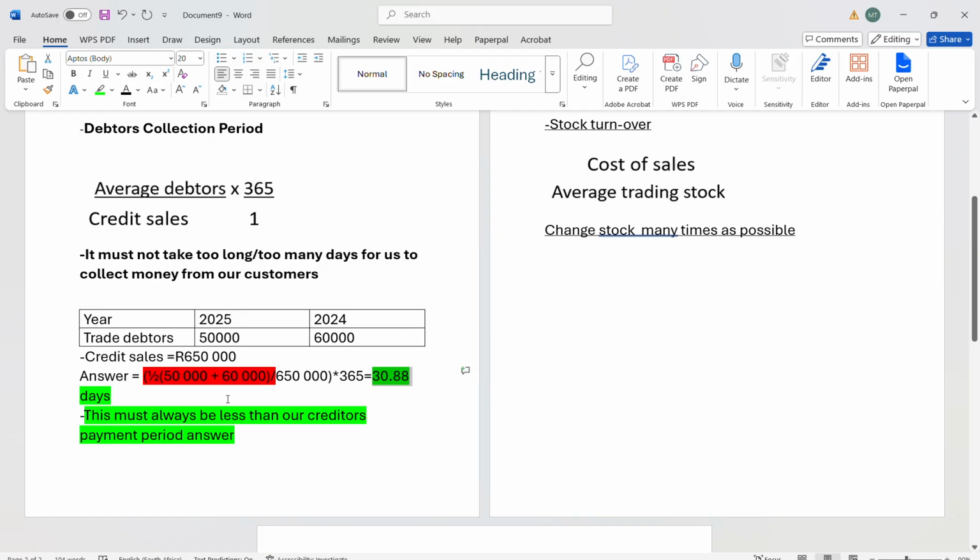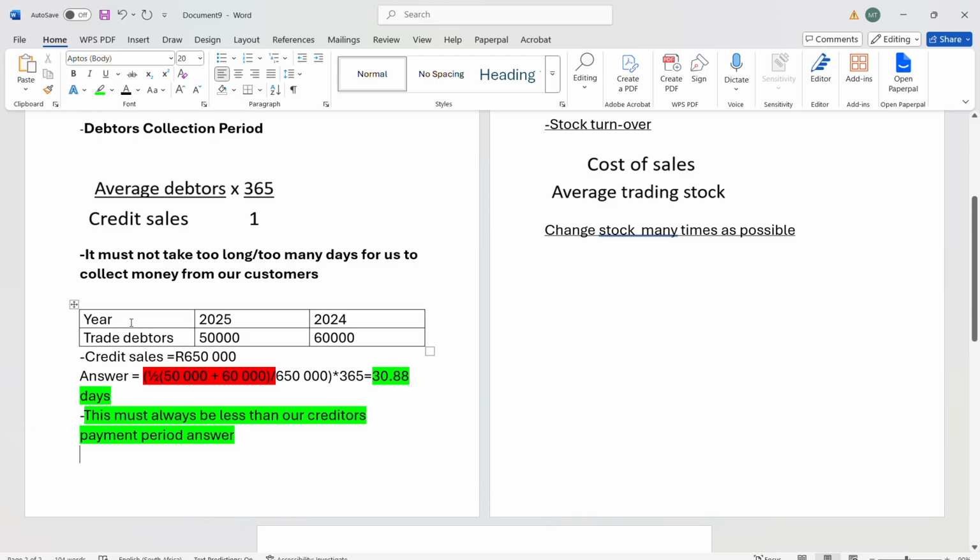So it takes you 30.88 days, or approximately 1 month, to collect money from your customers or debtors. I think it's not bad, you collect your money after a month, which is a good thing. So the business is liquid in this case.